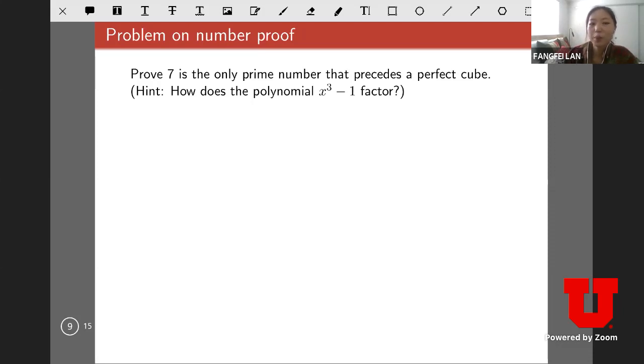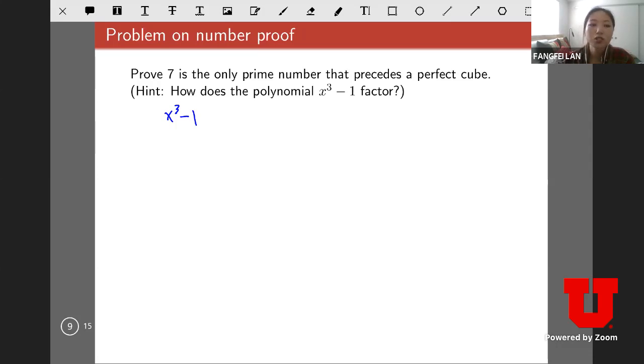We want to choose a perfect cube, and the number that precedes a perfect cube would be x cubed minus 1 for some x. And we want to show that 7 is the only prime number in this form.